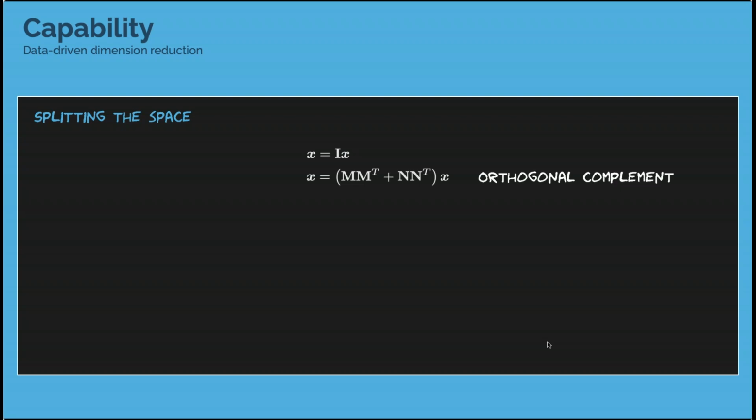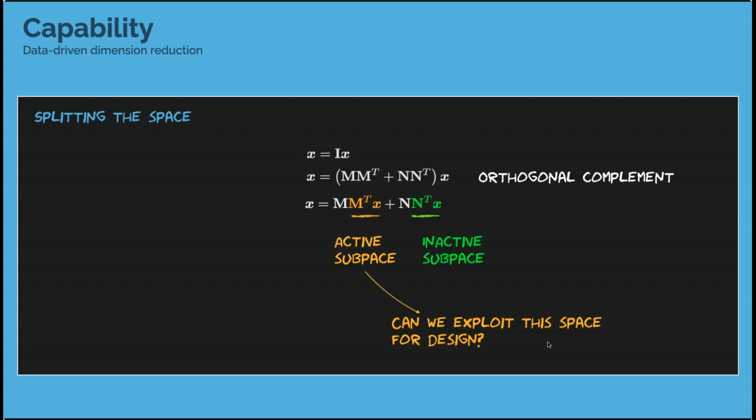And then we break the identity down into m and its orthogonal complement. So it's just worth bearing in mind that the columns in m are actually orthogonal to each other. And so that corresponds to 2 of the 25 directions. And then there are the remaining 23 directions that fall in n transpose. So m transpose represents the active subspace, and then the idea is, can we exploit this space for design?